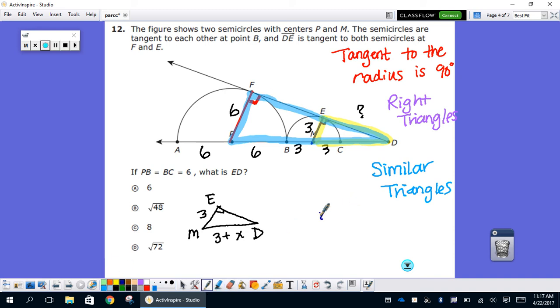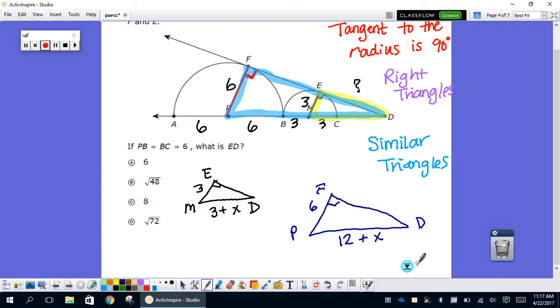So we have F, P, all the way over to D. Okay, and then from F to P it's 6, and now from P over to D it's 6 plus 3 plus 3, which gets you to 12 plus something. So 12 plus X.